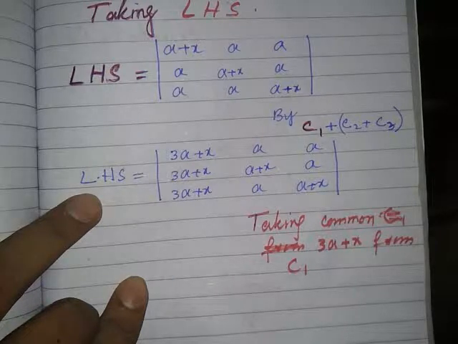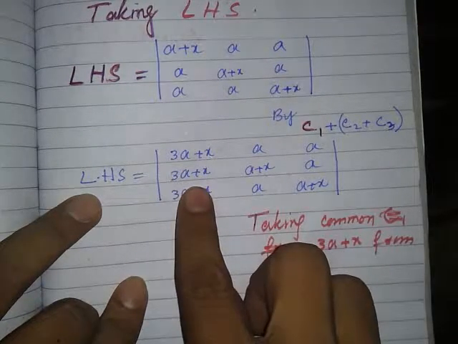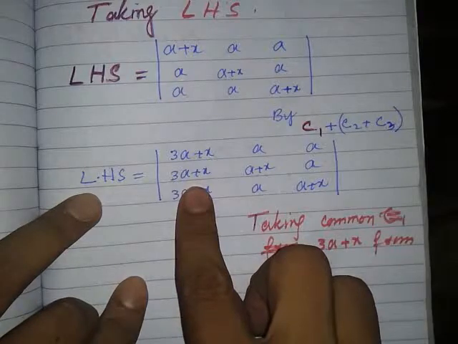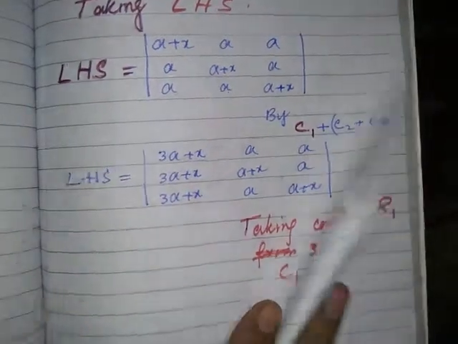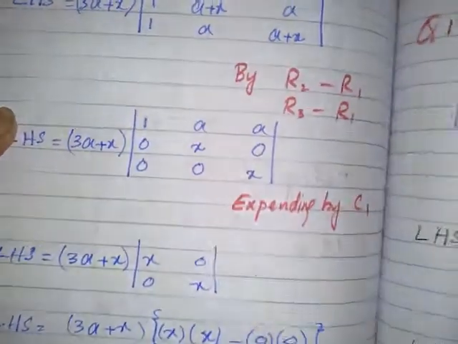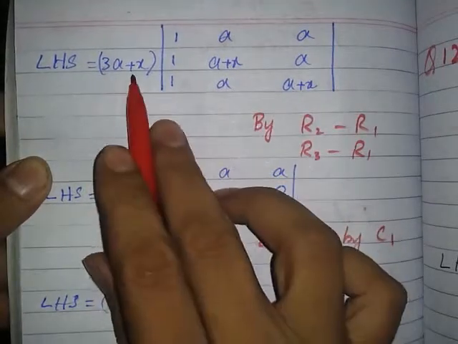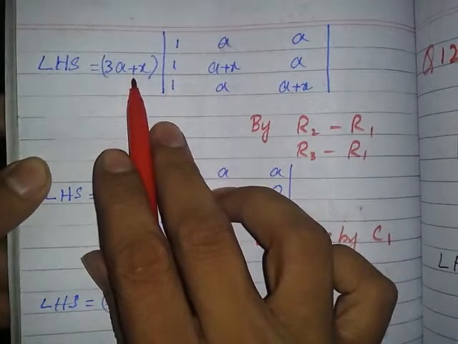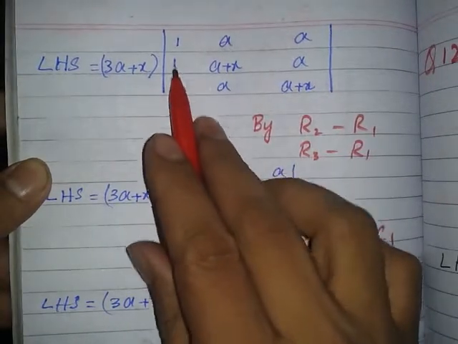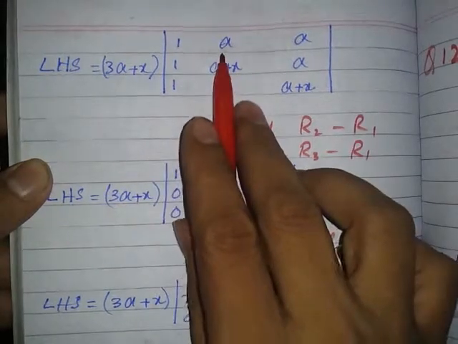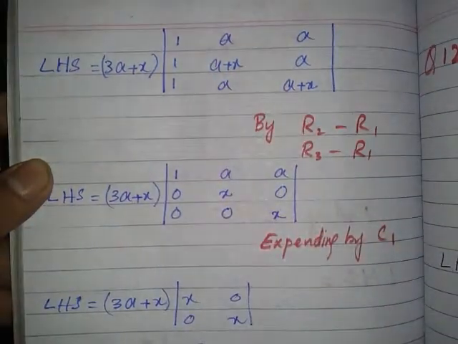As we take common, nothing remains inside. If nothing remains inside, we write 1. So 3a plus x is taken common. Inside remains 1, 1, 1. The other two columns remain as they are.